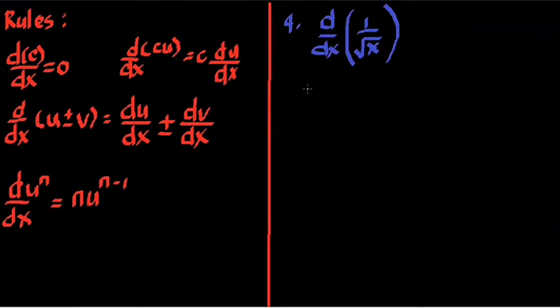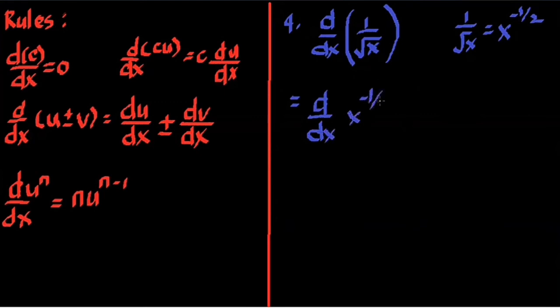Our fourth example is the derivative of a function that has a negative exponent, or is in the denominator side. So again, this 1 over square root of x could be expressed as x exponent negative 1/2. So we could actually take the derivative of x exponent negative 1/2 now using the power rule.